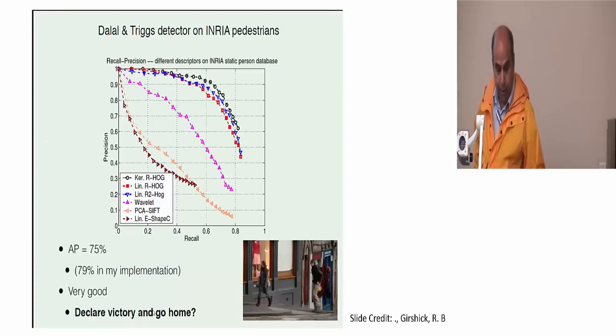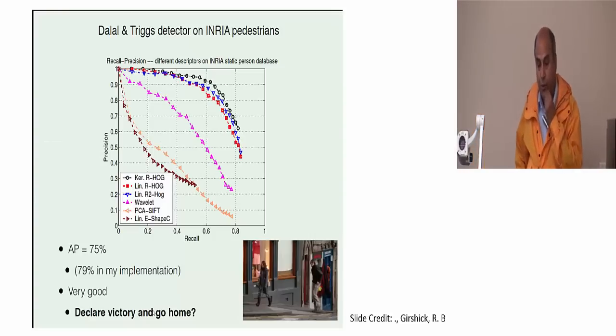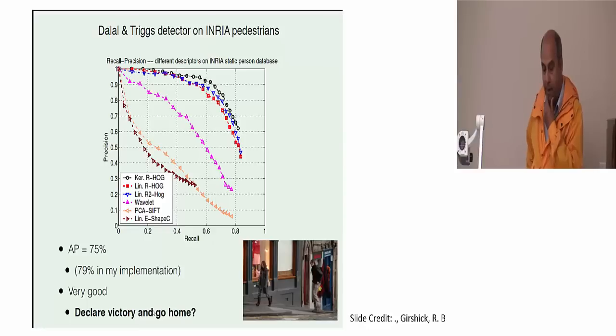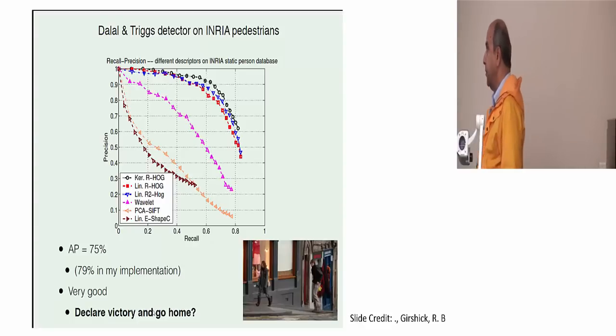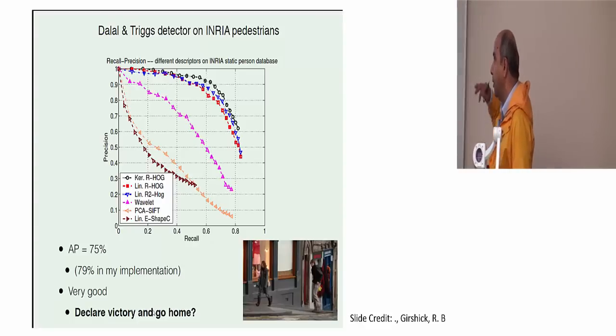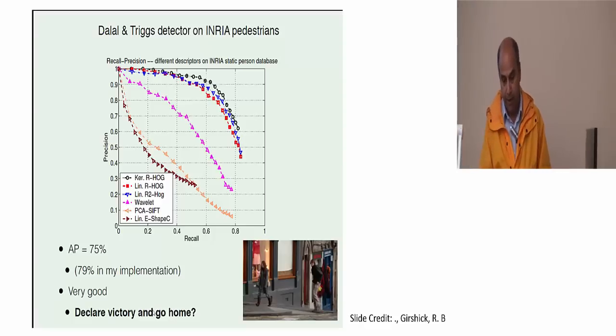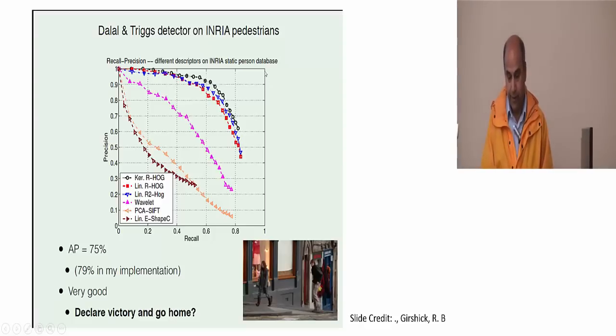Okay, so this plot shows you the performance of this HOG-based method, and you have done this. It's the precision recall curve. So ideally you want 100% precision, 100% recall. You want somewhere here, but of course it's very hard to get.